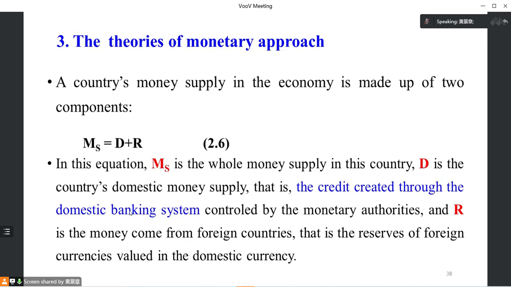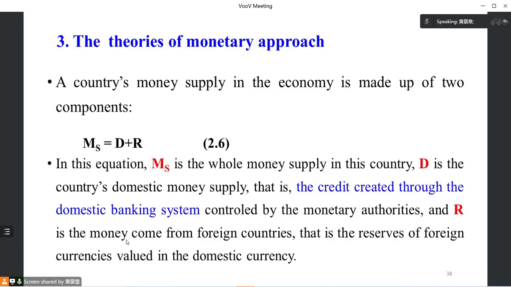D is the country's domestic money supply. That is, the credit created through the domestic banking system, controlled by the monetary authorities.